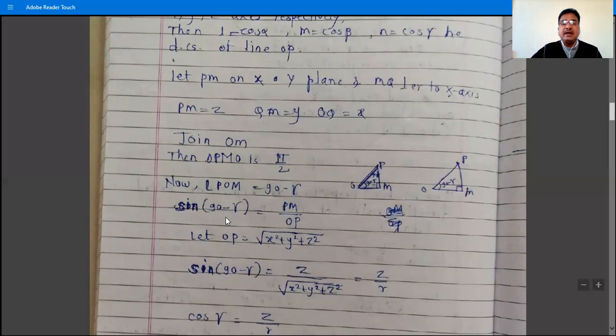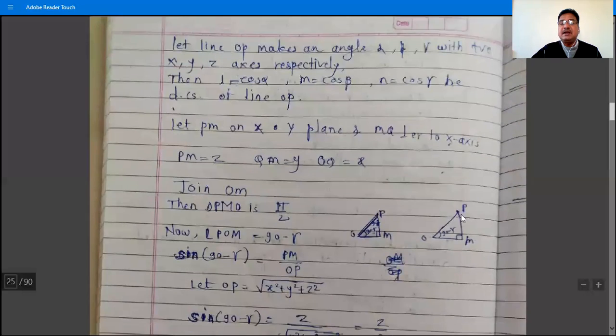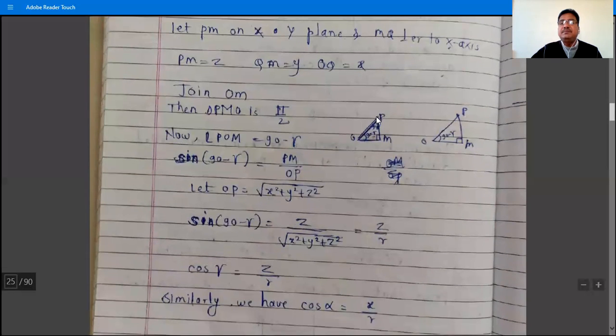Now POM is a right angle triangle, the angle at M is 90 degrees, and this angle is 90 minus gamma. In this right angle triangle, sin of 90 minus gamma is the opposite side PM divided by the hypotenuse OP. So sin 90 minus gamma is PM by OP.